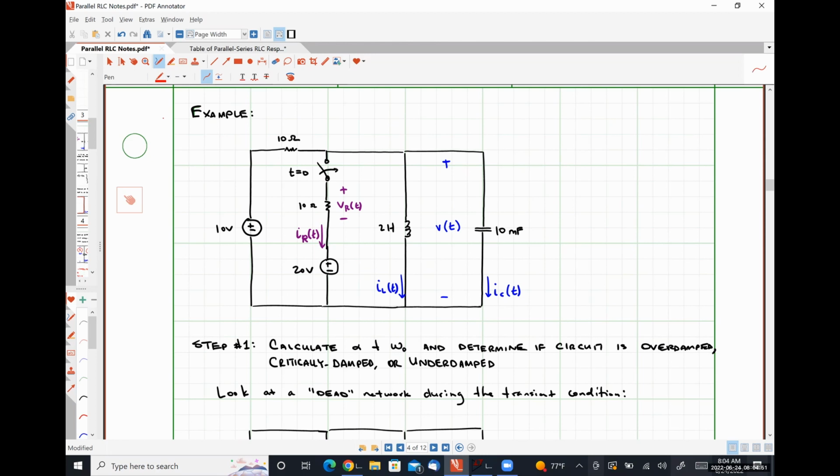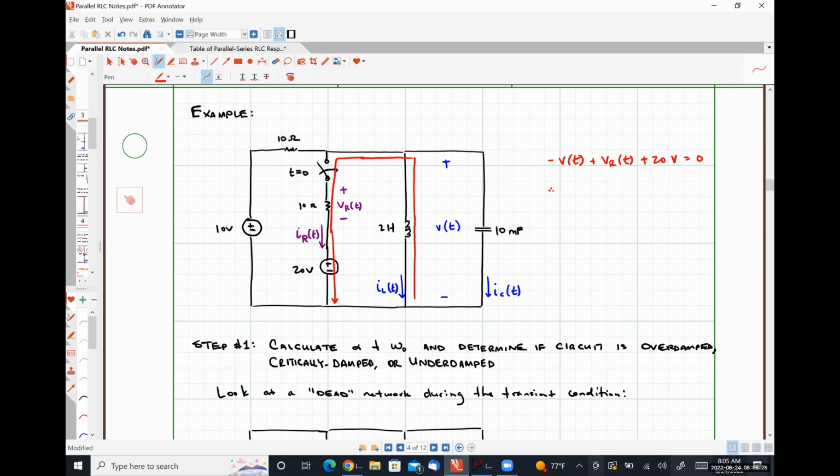So let me explain what I mean by that. If we apply Kirchhoff's voltage law around this loop, we would have negative V of t plus VR of t plus 20 volts is equal to 0.